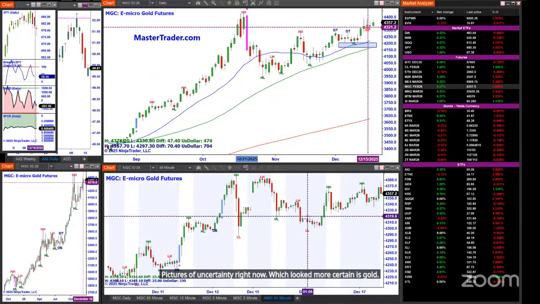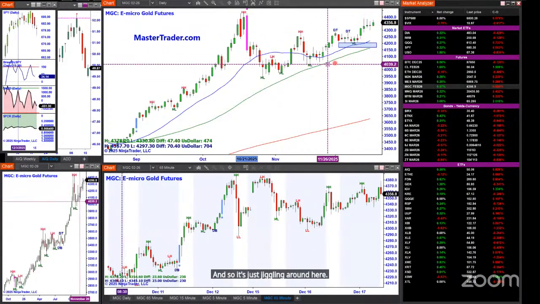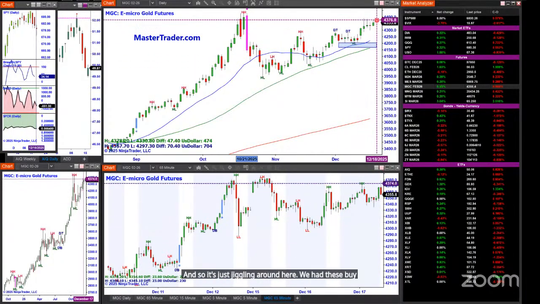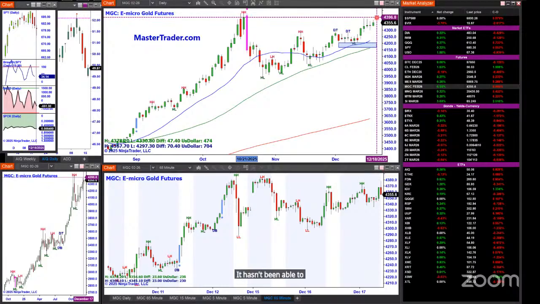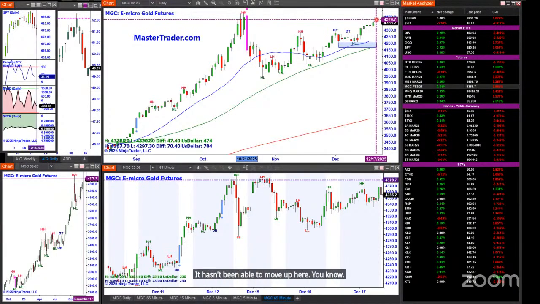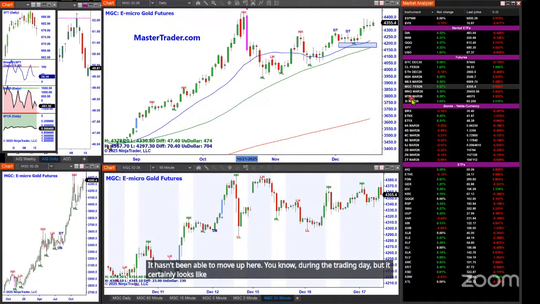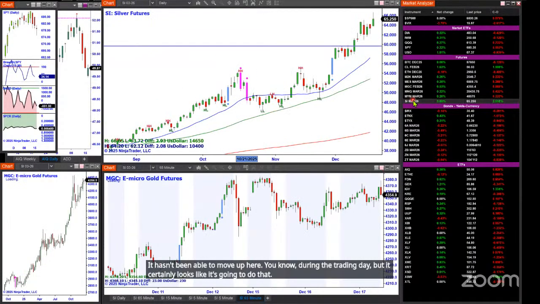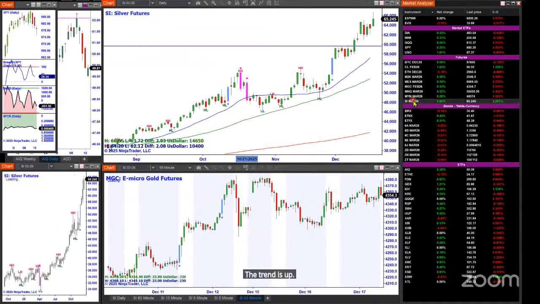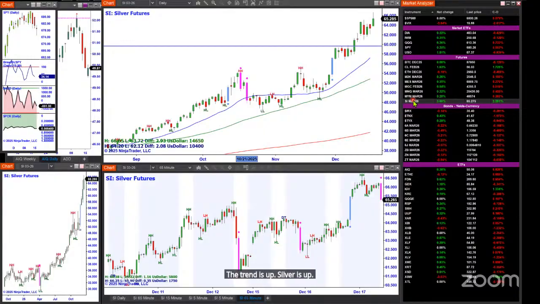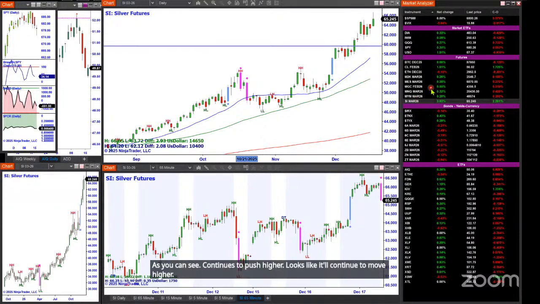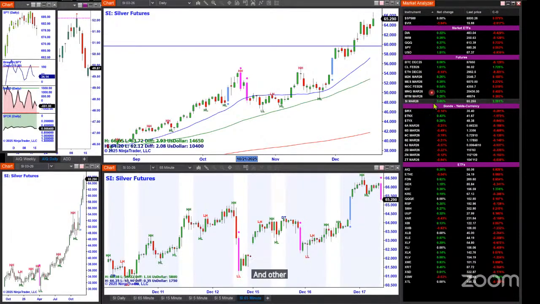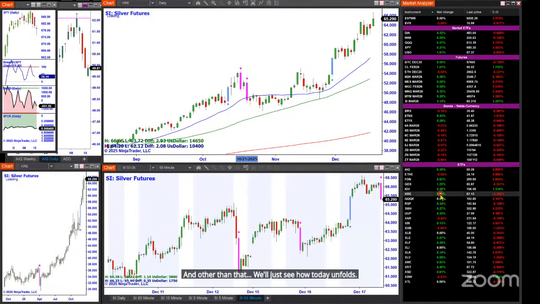It's just jiggling around here. We had these buy setups. It hasn't been able to move up during the trading day, but it certainly looks like it's going to do that. The trend is up. Silver is up. As you can see, it continues to push higher. It looks like it'll continue to move higher. And other than that, we'll just see how today unfolds. All yours, Dan.